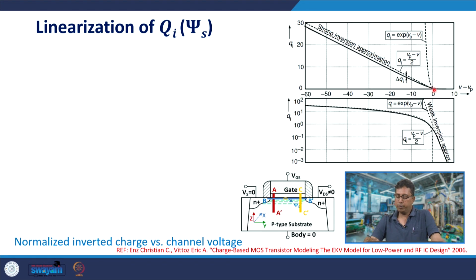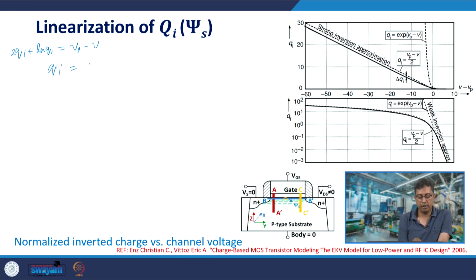So, here you have Vp minus V is equal to 0. If it is Vp minus V is equal to 0, what do we mean by that? We mean to say that now this is equal to 2 Qi plus natural logarithm of Qi, now that is 0. So, on the left hand side of that, where V is smaller than Vp, Qi we had seen would be Vp minus V by 2. So, that is this part of the plot.